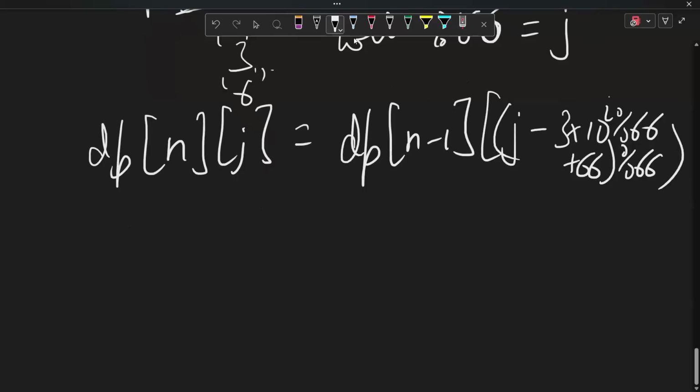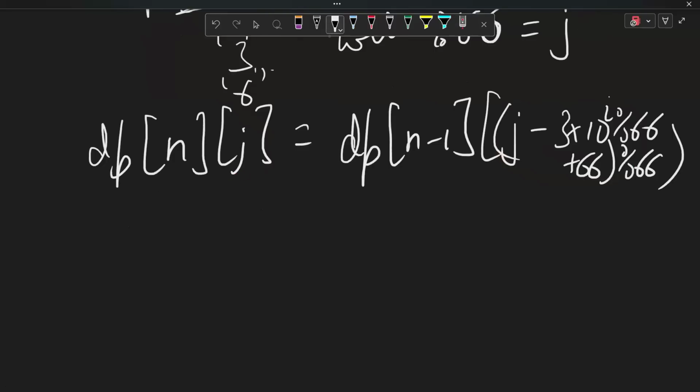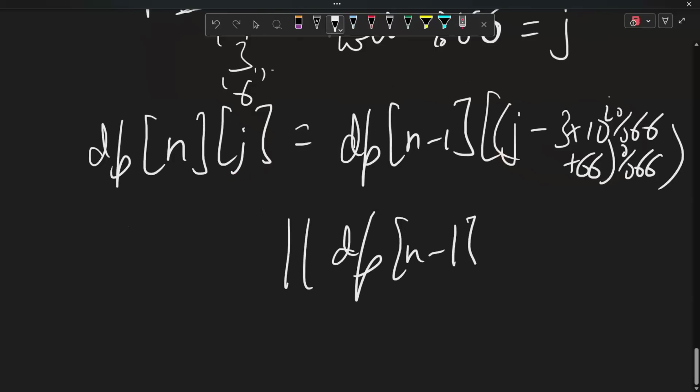So basically j minus this, modulo 66, is what is now needed if j was needed here. If either of the cases is 1, the overall would be 1, since in either case we can form it.